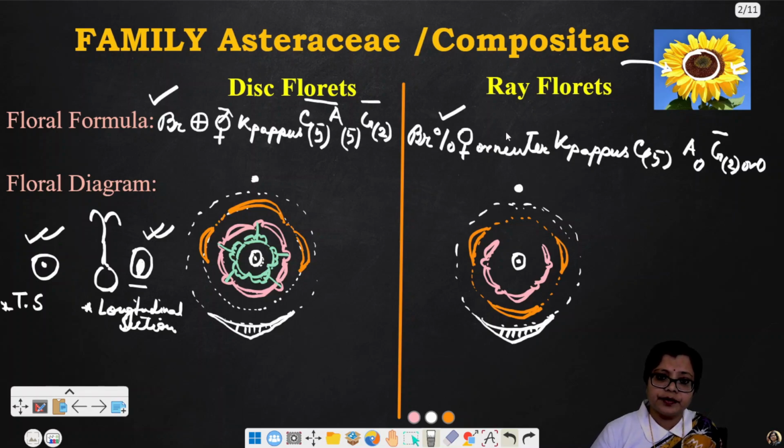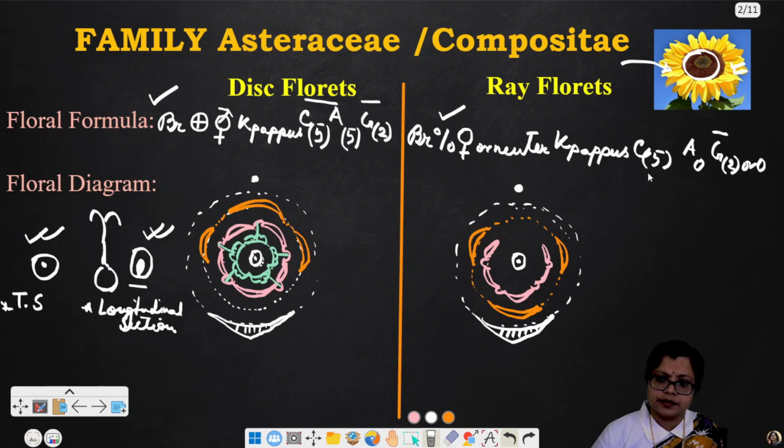And here for the ray florets, either it is pistillate, only the carpel is present, carpels are present, or it may be neuter. So we have written in this way. And then calyx, both the cases pappus type, corolla, both the cases, that is gamopetalous, but here not ligule formation, and here at one corner ligulate.